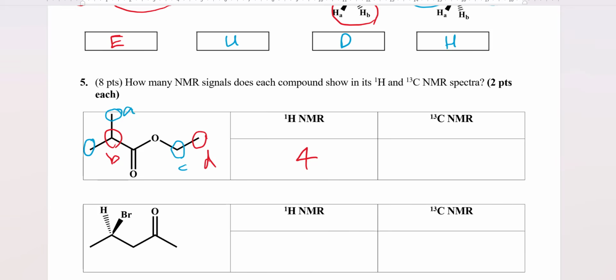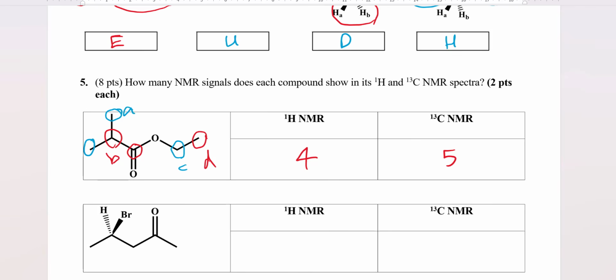All of these 4 types of CH also show signals for carbon NMR. In addition to that, we have an unprotonated carbon, the carbonyl group here. So we should see 5 signals for carbon NMR.